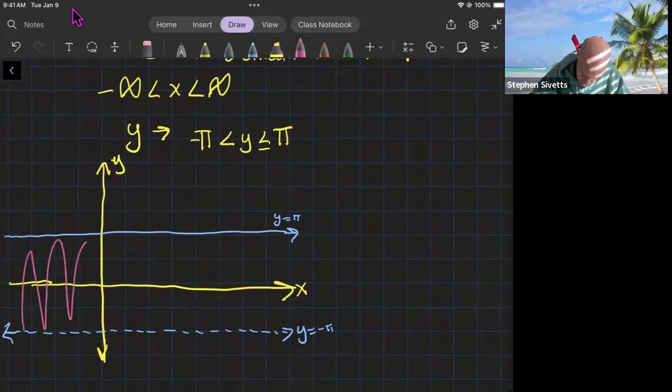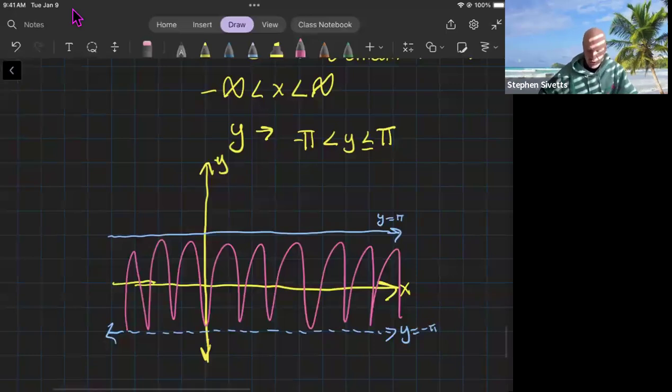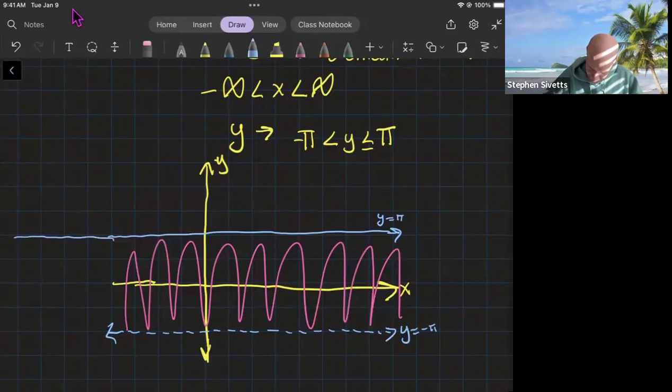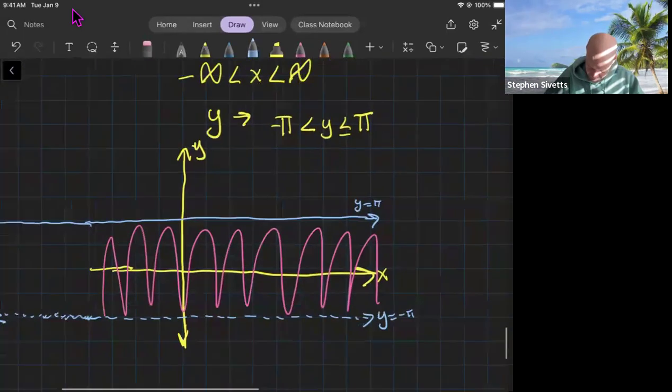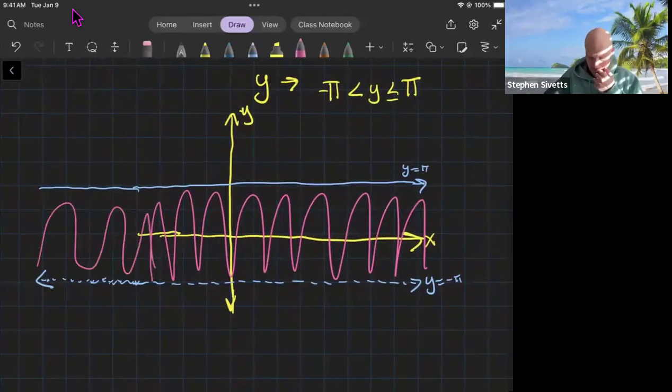And so this right here would be the infinite strip that we want. Okay. So this is the infinite strip, and that's what we want here.